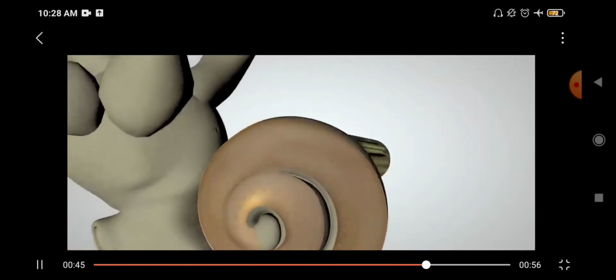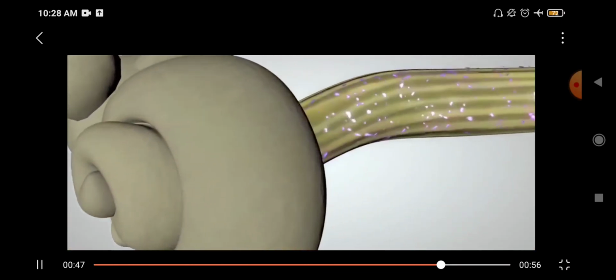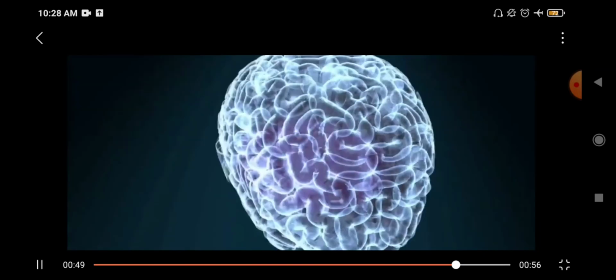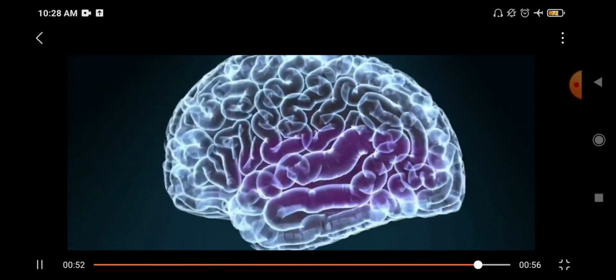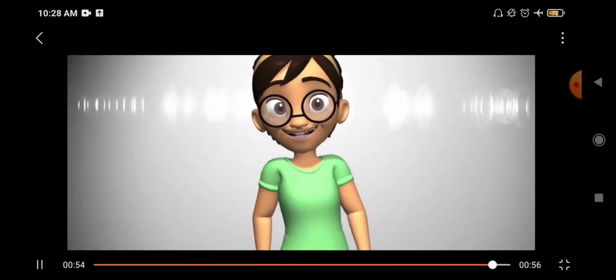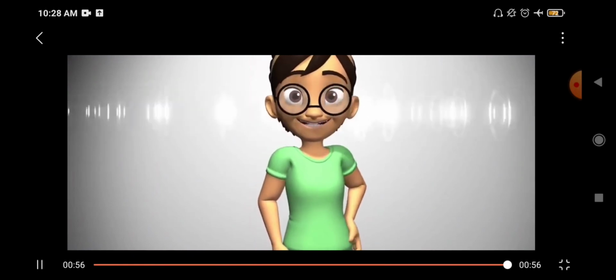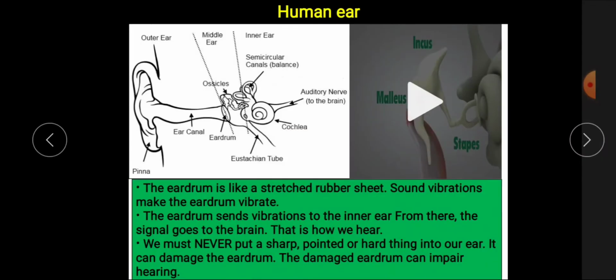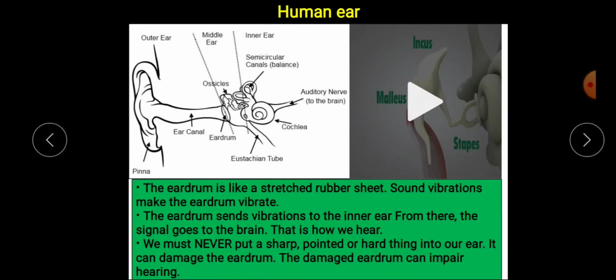These vibrations are then transferred through the auditory nerves to our brain, and the brain will make sense and know whether it is music or noise, and whether your mother, father, friend, whoever is speaking, the voice will be recognized by the brain. So I hope that you have understood how hearing works in human beings.